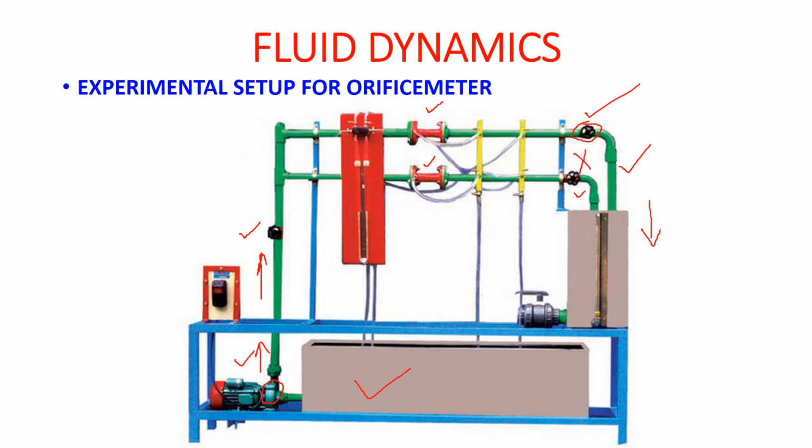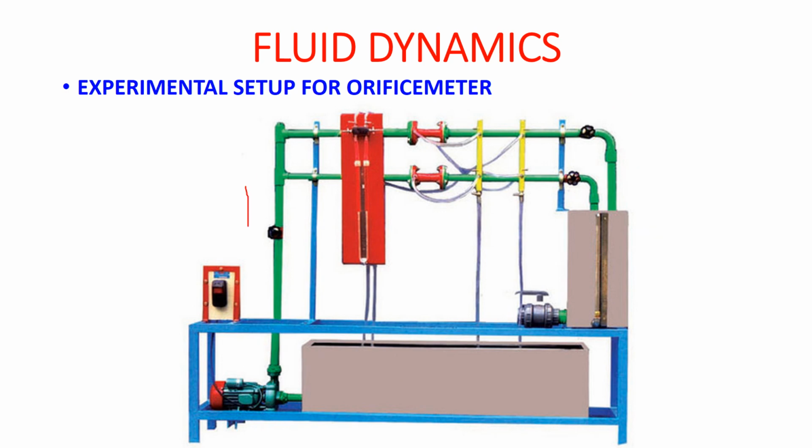Now you will see that the water will be passing from this valve to the upper system. We consider that the water is passing through this orifice meter setup, and generally this valve is closed. Now we will erase all the lines and show the basic lines.